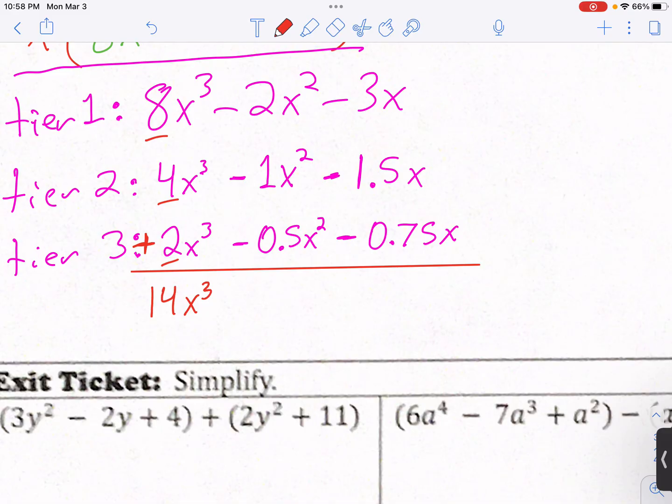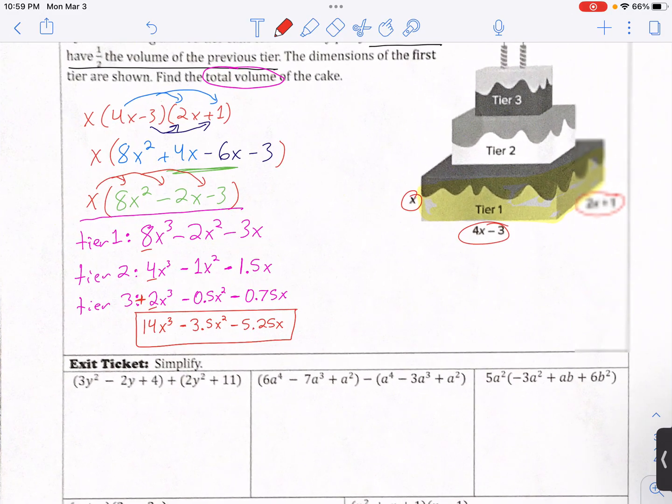My next one, negative 2, negative 1, plus a negative 0.5. That's going to give me minus 3.5x squared. And then my last one, I'm going to add them all up. I'm going to get negative 5.25x. And this is your answer for this final story problem.